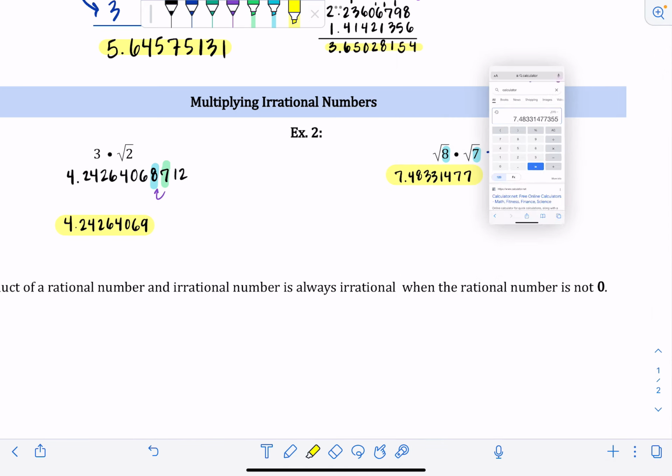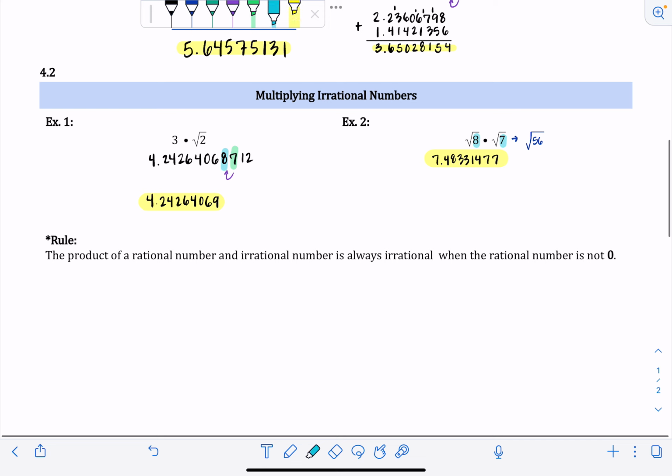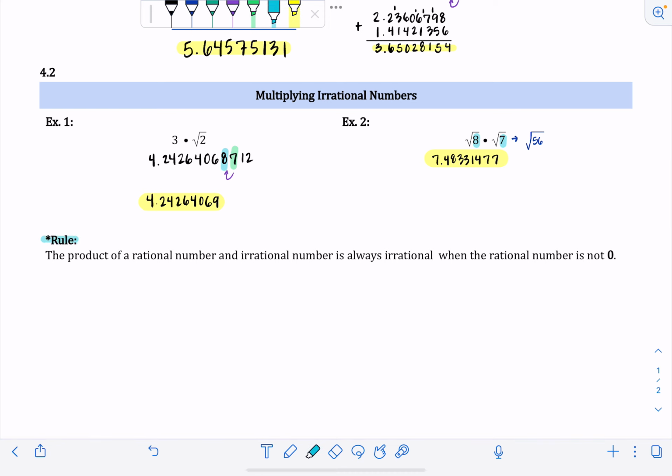Okay, and then one more note. Down at the bottom, just a rule. It says the product of a rational number and an irrational number is always irrational when the rational number is not 0. So just to put some numbers to that situation, if you have, say, the square root of 3 times, I forgot my rational number, but times the square root of 7.